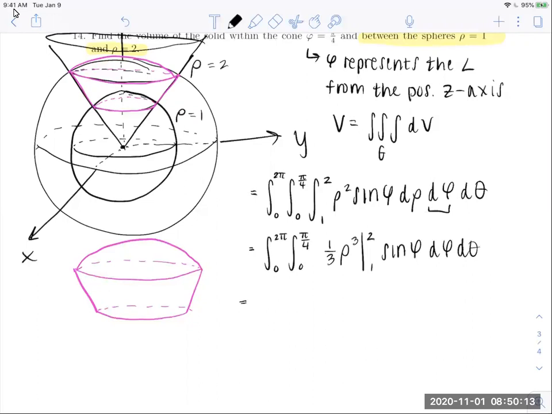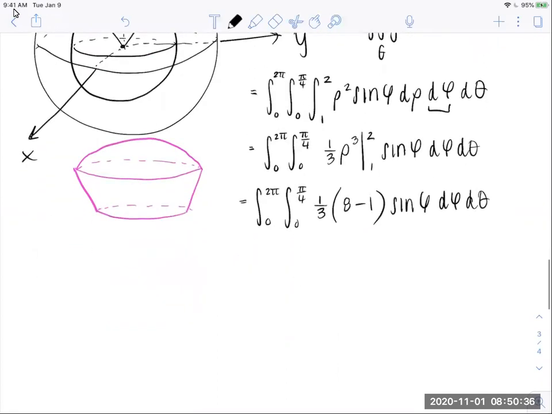So let's go ahead and evaluate at 1 and 2. So I have my 1/3, and then rho cubed is 8 minus 1, so a 7/3 here, sine phi d theta.